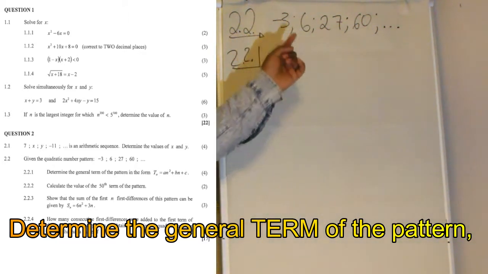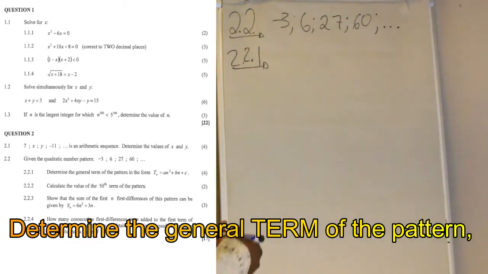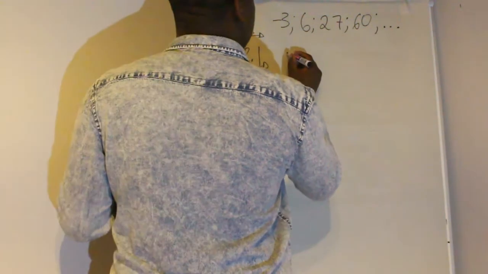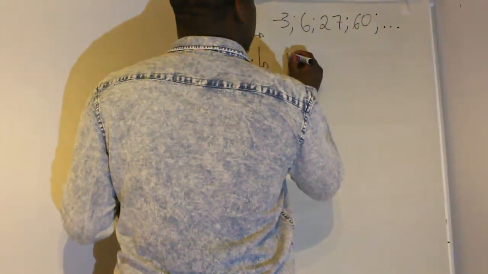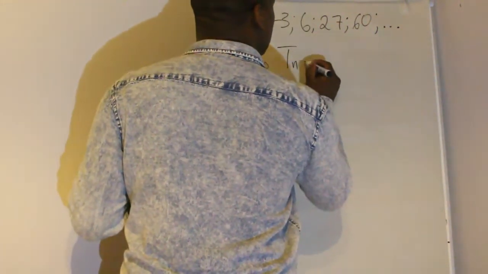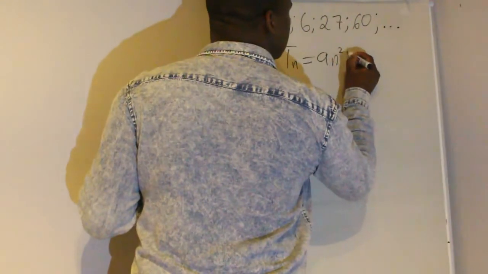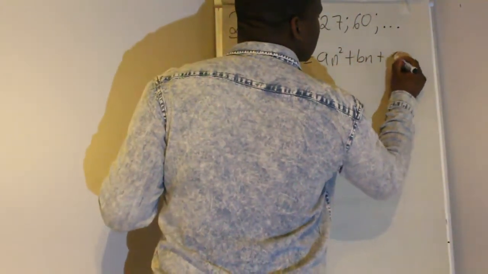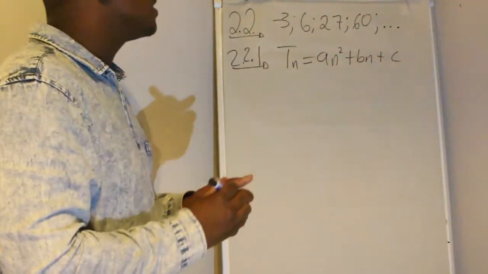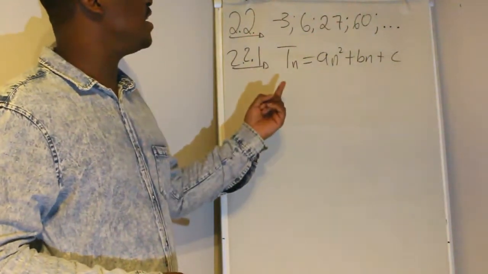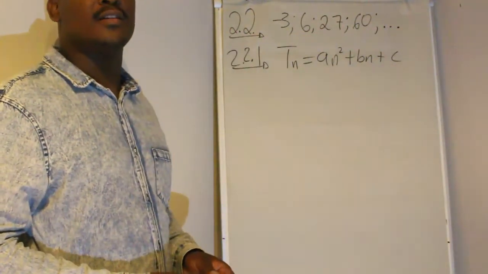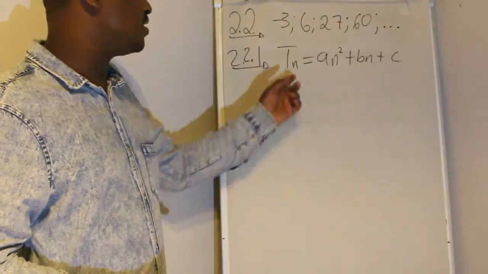So they want us to determine the general pattern of this sequence in the form of Tn is equal to an squared plus bn plus c. So this is a quadratic sequence.